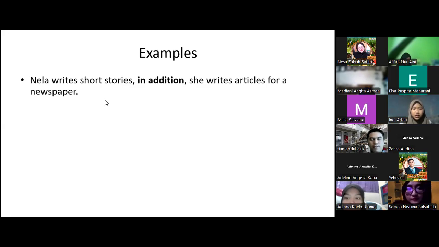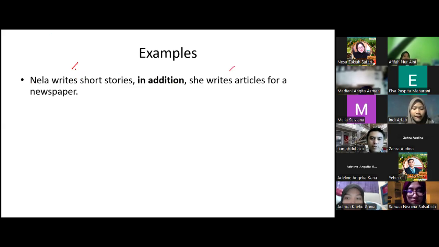Nela writes two things. The first is short stories, and the second one is articles for a newspaper. Yeah, we use "in addition" here because there are two activities: one activity in the first sentence and one activity in the second sentence.